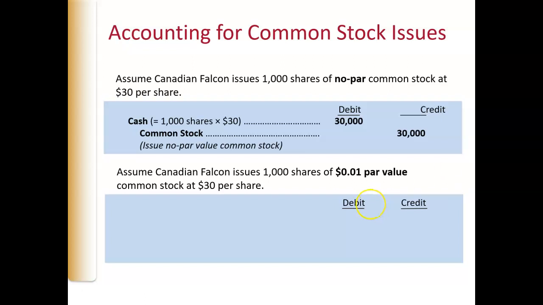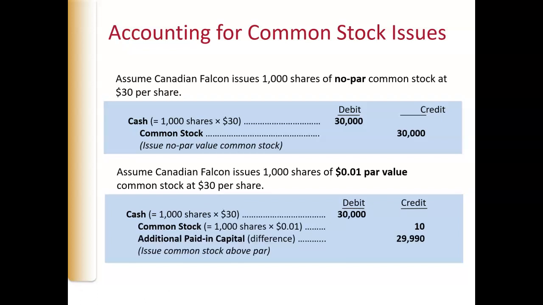If a company has par value on their stock, so let's say Canadian Falcon issues 1,000 shares of 1 cent par value common stock at $30 a share. We have to do it a little different. We debit our cash. We credit common stock for just the par value piece.